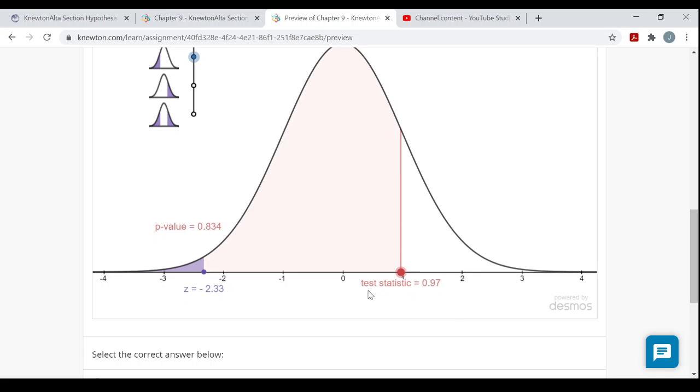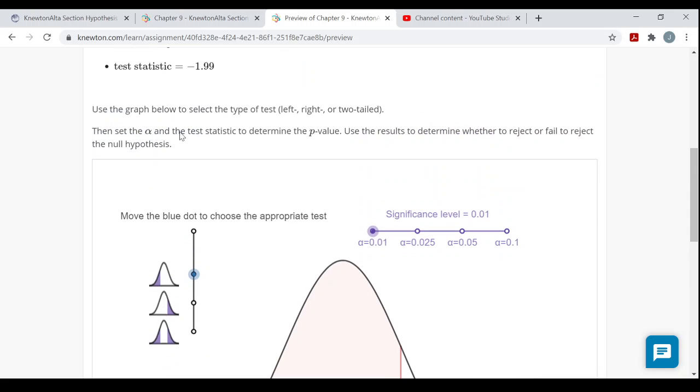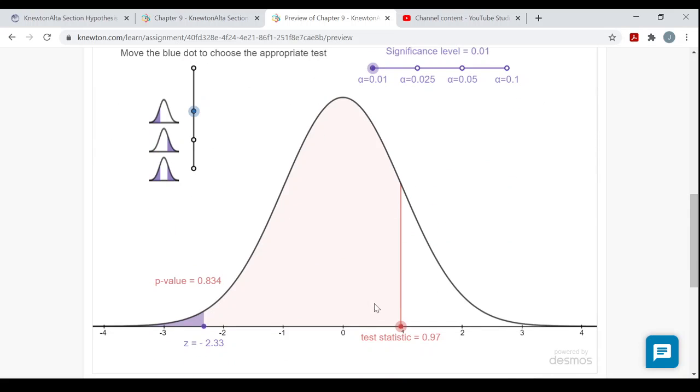All right, now you got to move the red dot to where our test statistic lies, negative 1.99. So moving this to negative 1.99. There we go. All right.